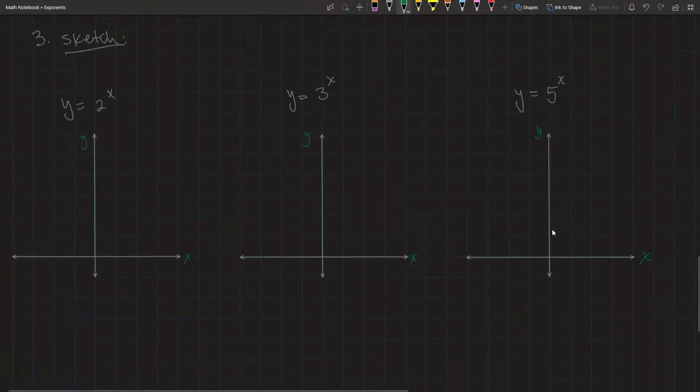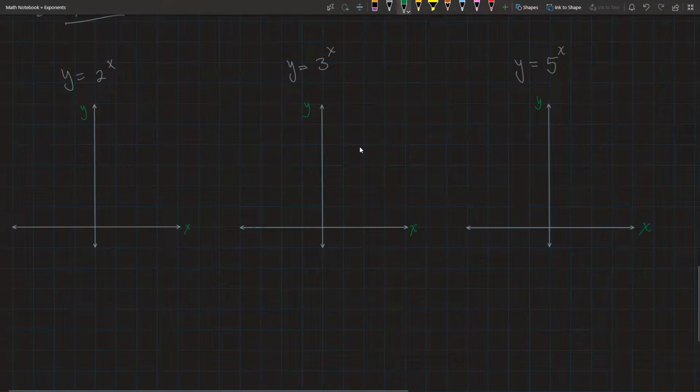So let's show that with these 3 examples of parent functions. The first one we already did, we said, all right, we're going to take this, and I'm going to use the green color now. I really don't like the yellow one. This is (0, 1). We know that 2 to the 0 is 1. So that's what's nice about it. And we said that whenever the exponent is positive, this graph is growing without bound.